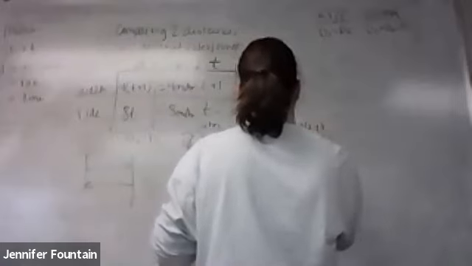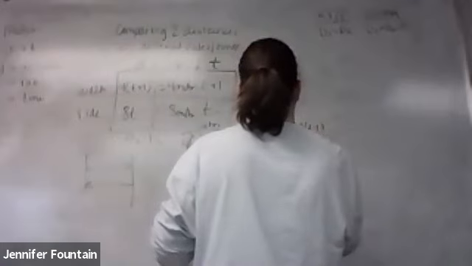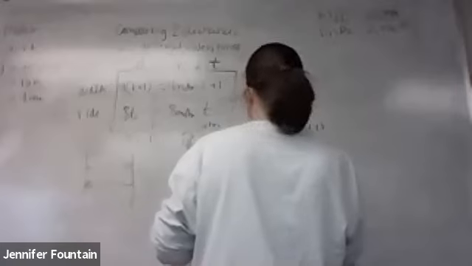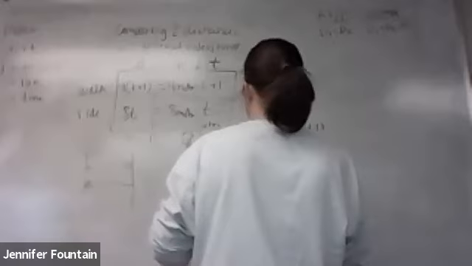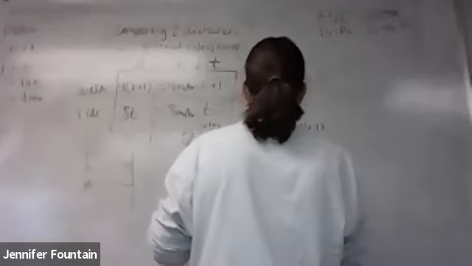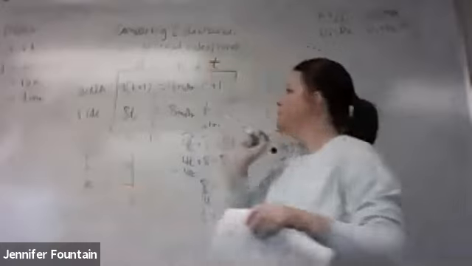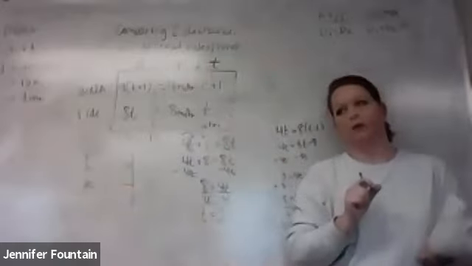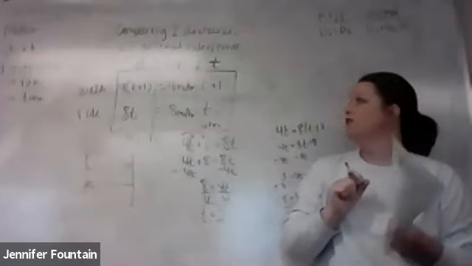T minus 8. That's what I should have done. So let me tell you why I made the mistake I made. What did they tell me I was solving for? Walking. Where should I have put my variable?